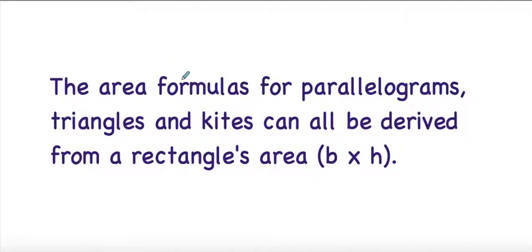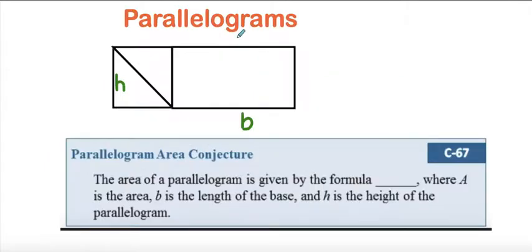So like I said, the area formulas for parallelograms, triangles, and kites, trapezoids should be in here as well, can all be derived from a rectangle's area, base times height. So if we take a look at a parallelogram, we have a parallelogram with a base and a height.